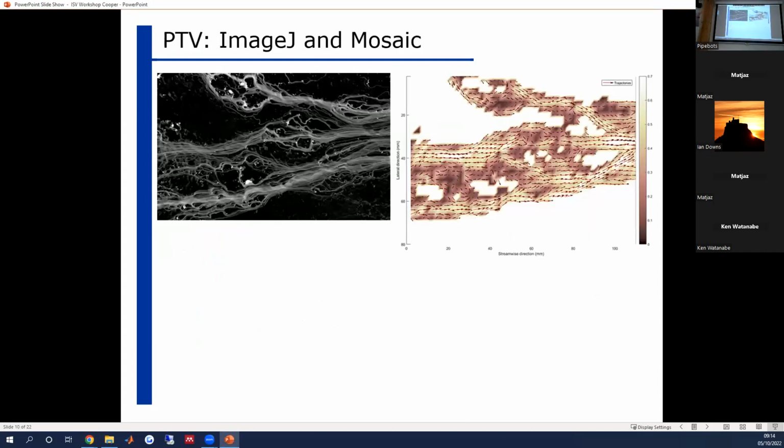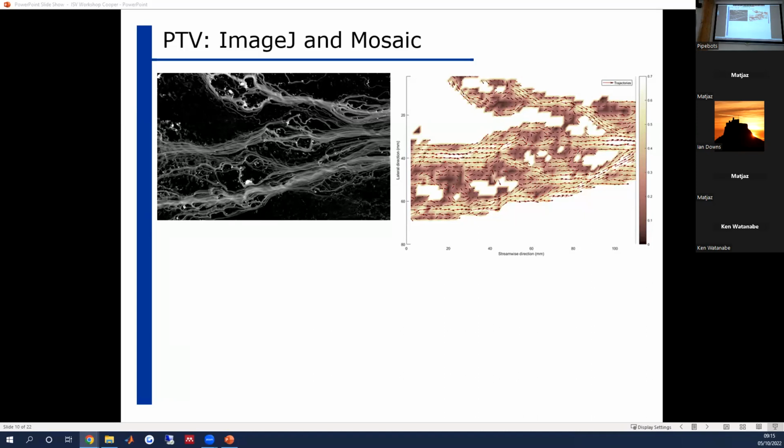Okay, so we used Mosaic, which is an imagery plugin, for doing our surface PTV. You'll see a stacked image here on the left-hand side, and we used that to mask out the areas of no flow and flow, and then we applied the PTV.